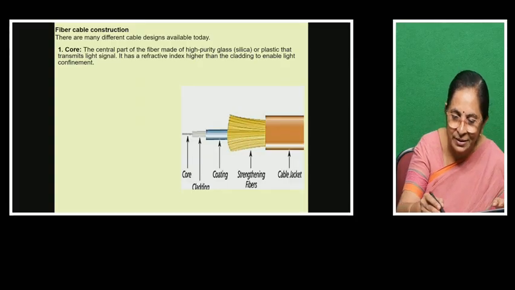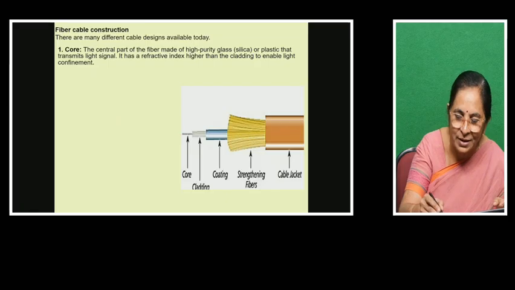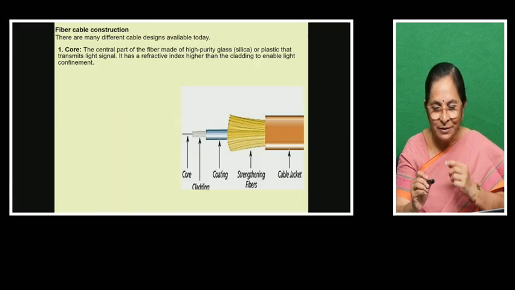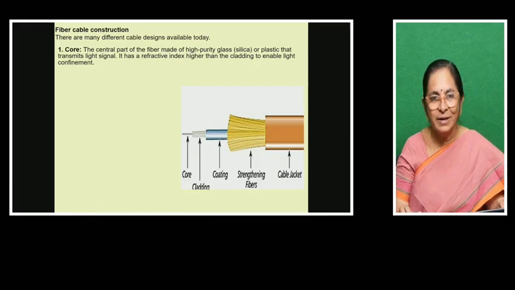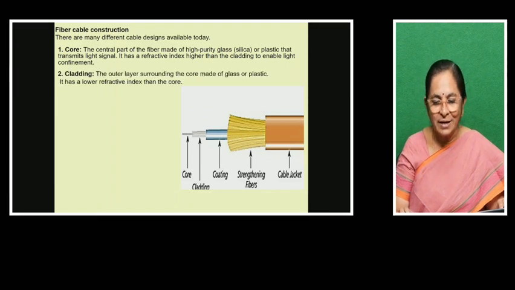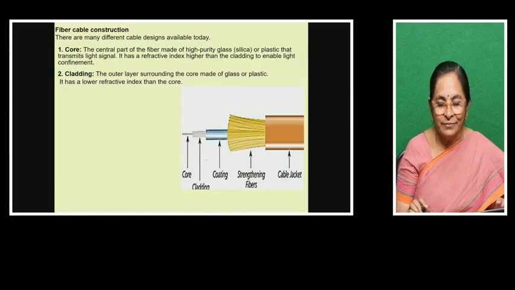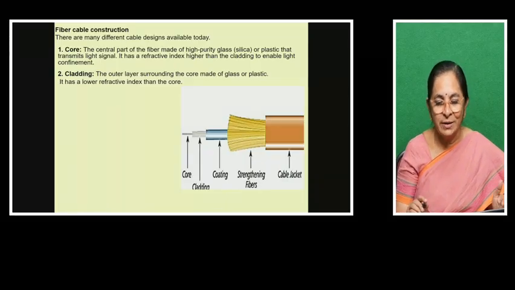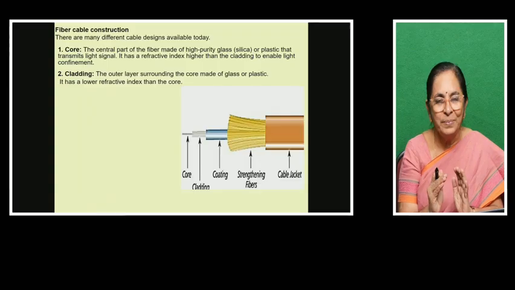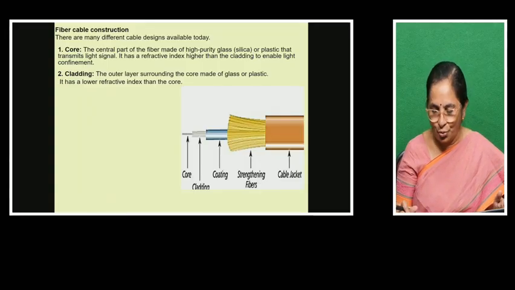The optical fiber cable may be thicker, but the core has a very small diameter, through which only the signal will be conveyed from one end to the other. So cladding is the surrounding layer of the core, and its refractive index will be lesser than the refractive index of the core, so that the signal will be completely confined within the core.